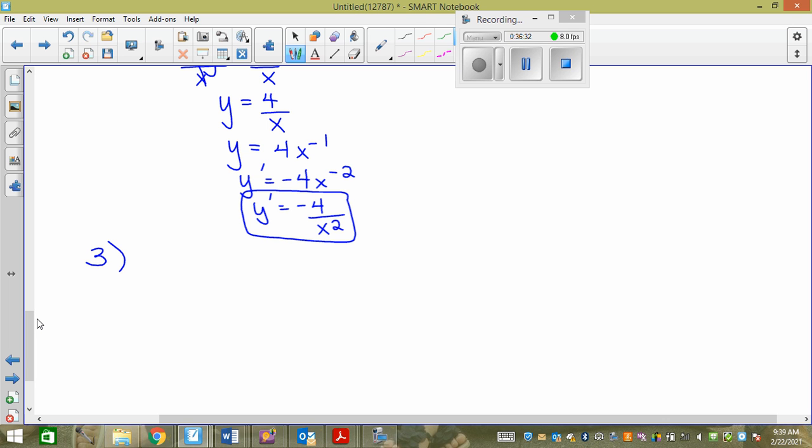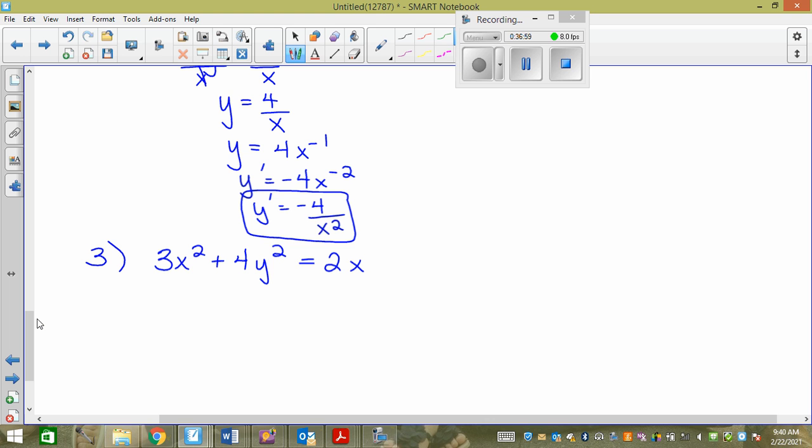Okay, number 3. One that you can't do this with. Or, well, you won't want to. 3x squared plus 4y squared equals 2x. Do I have a single y?